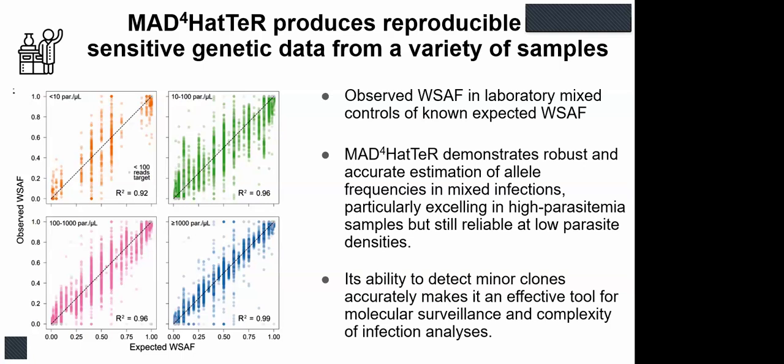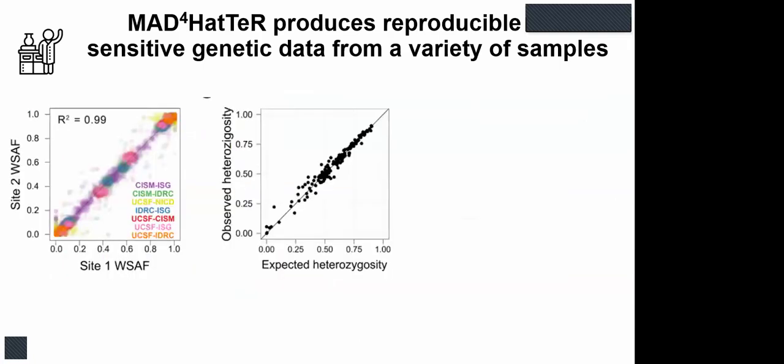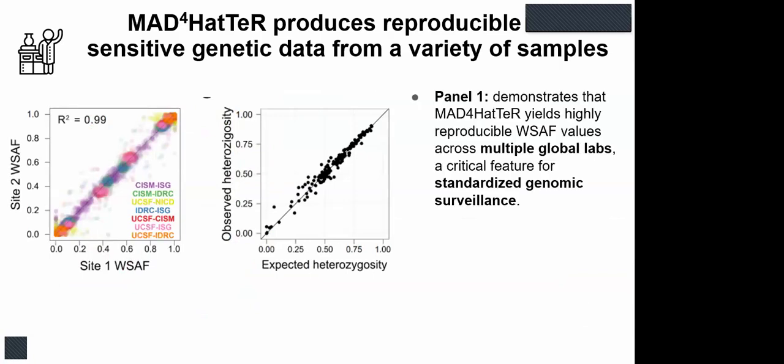And this shows its ability to detect minor clones accurately, making it an effective tool for molecular surveillance and complexity of infection analysis. And here we tried to demonstrate how MADHATTER yields highly reproducible within sample allele frequency values across multiple global labs. So the first graph there shows that we mixed data from different labs, about 7 labs.